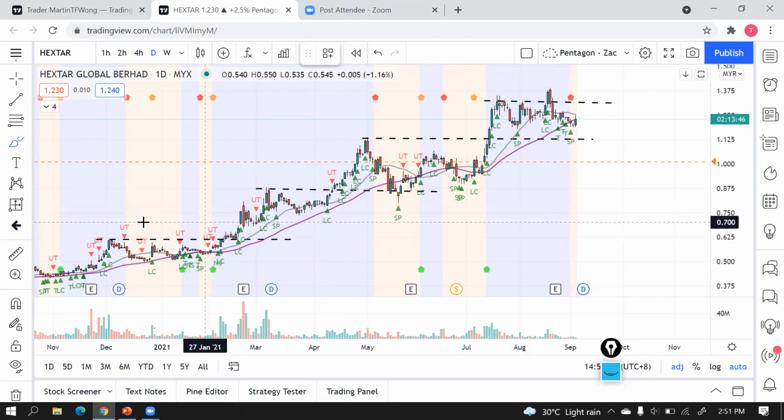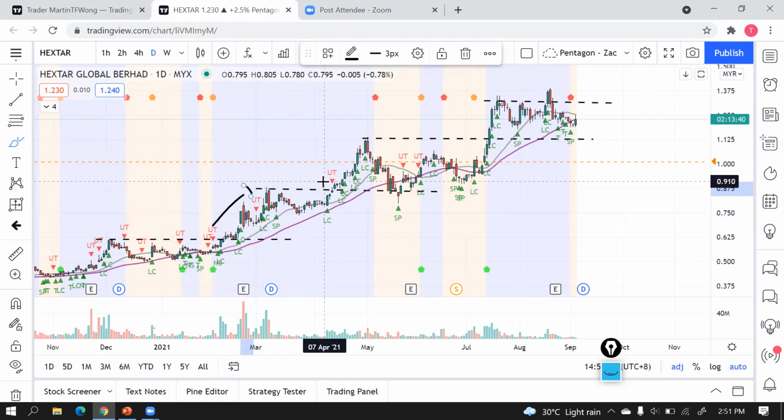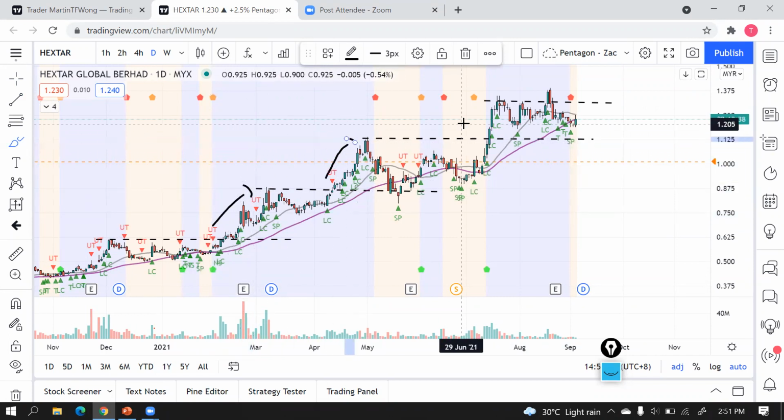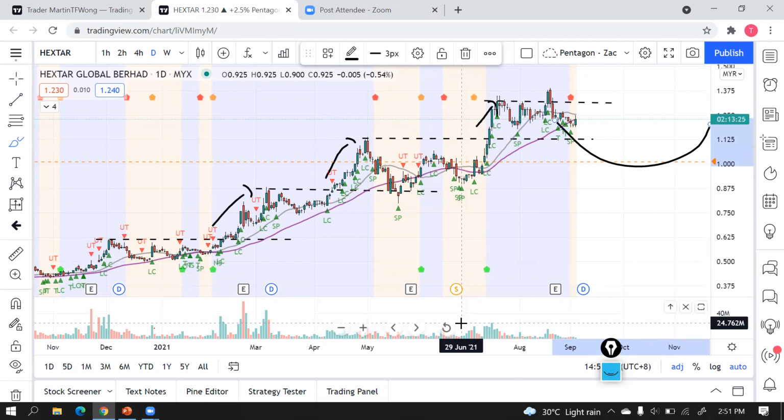If you realize, each time before they do a pullback or reaccumulation, this range is getting shorter, so this is telling you that the trend might be exhausted. It won't be a distribution sign, but maybe the trend is exhausted. Sometimes they will like this a little bit.